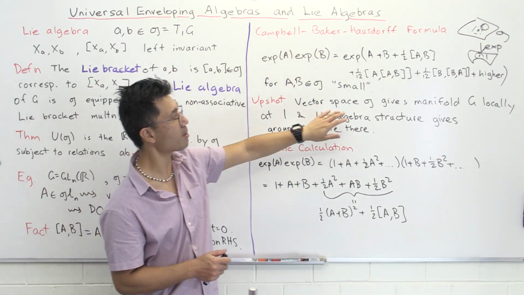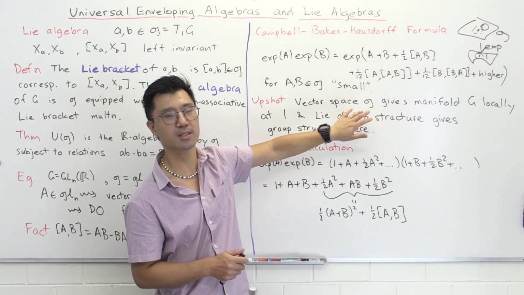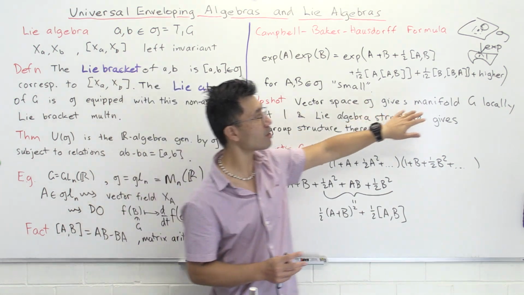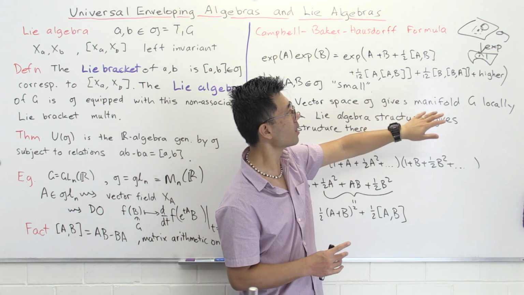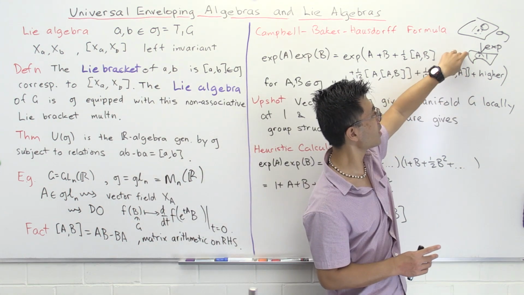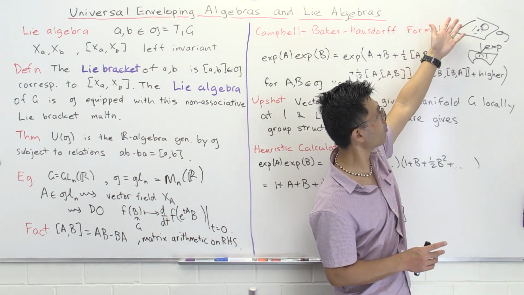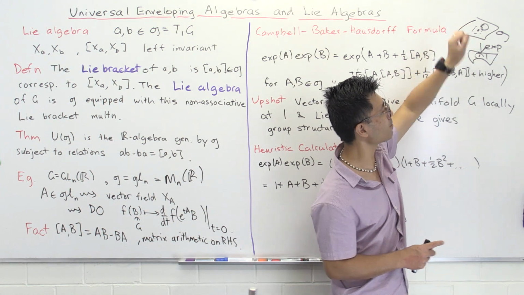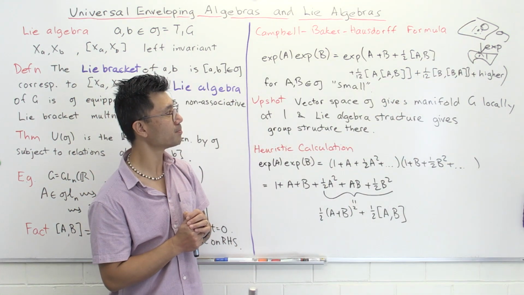So remember the vector space G. This is the tangent space. So manifold theory tells you that this G, the group, is locally, from a topological standpoint, like this Gothic G, the Lie algebra.